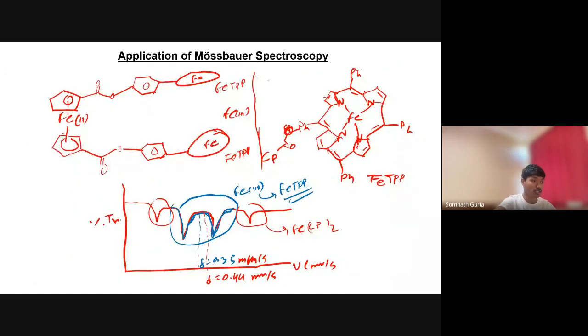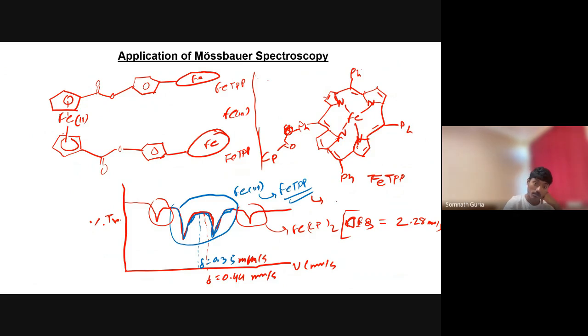Over here, for the iron Cp, the delta EQ value is actually 2.28 millimeter per second. That much large. And for the FeTPP, for the iron 3, as we know there is the Fe high spin system.